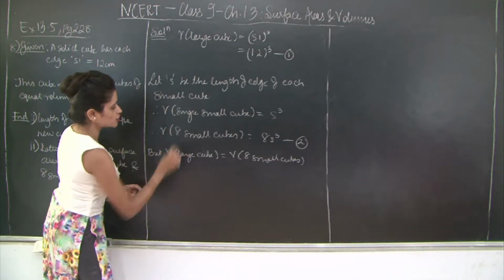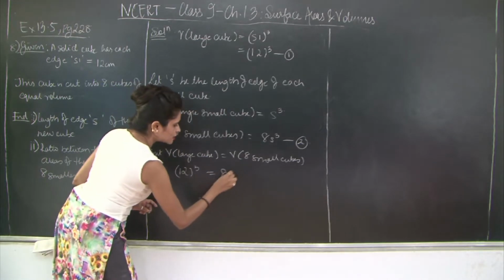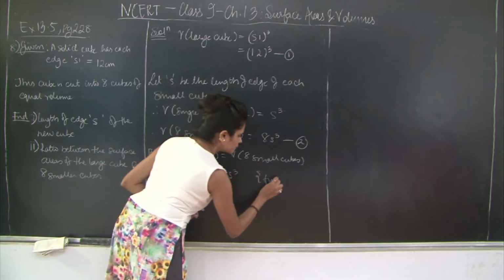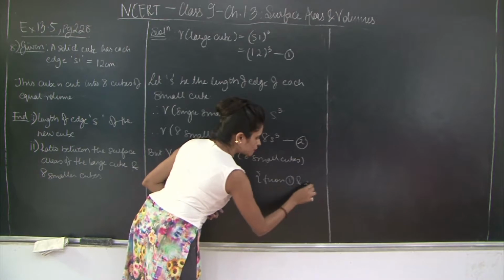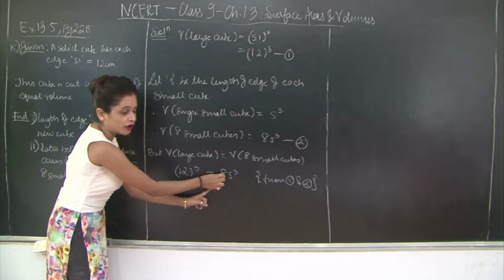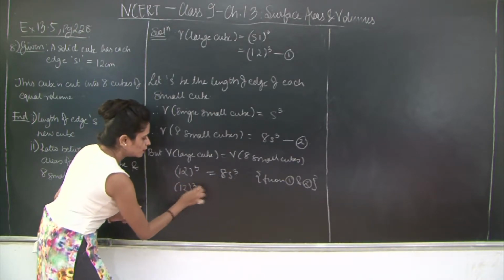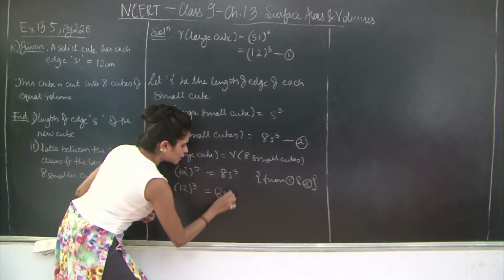So from 1 and 2, what do you get? 12 cube is equal to 8S cube. Now 8S cube, we know that 8 is the cube of 2, so I can write it as 2S the whole cube. So 12 cube is equal to 2S the whole cube.